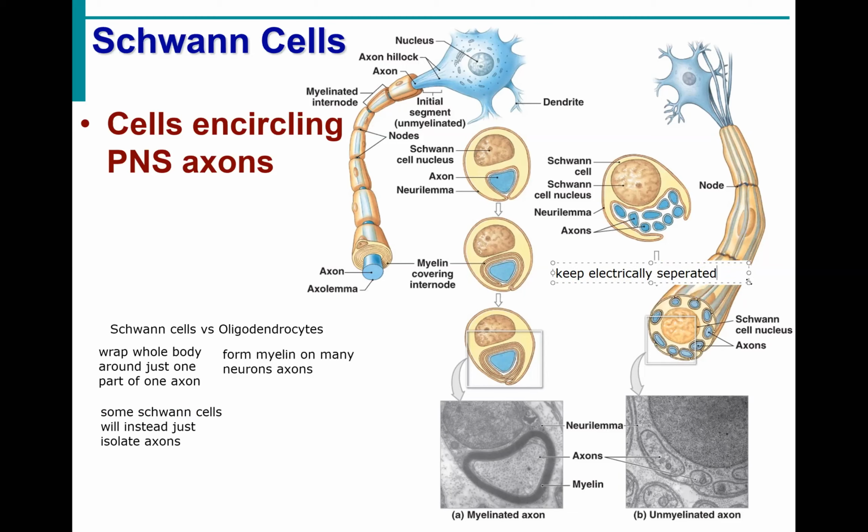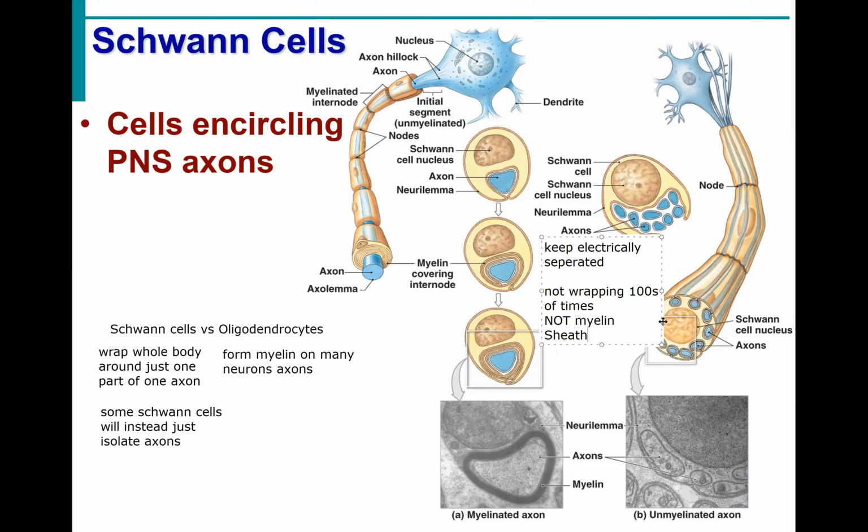But notice the Schwann cell is not wrapping hundreds of times, so this is not a myelin sheath. And these axons, even though isolated from each other, are considered unmyelinated.